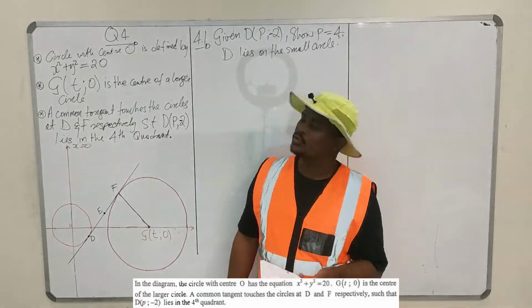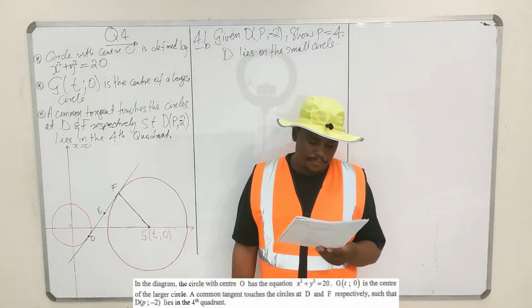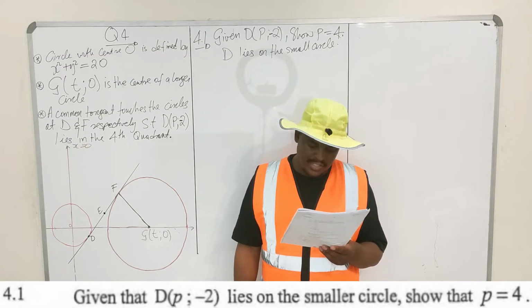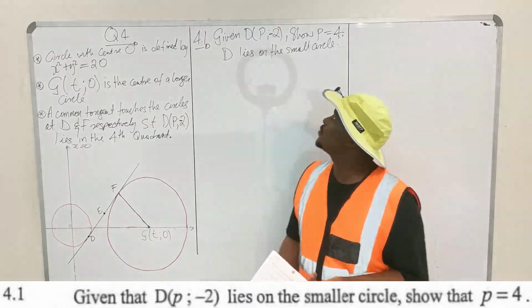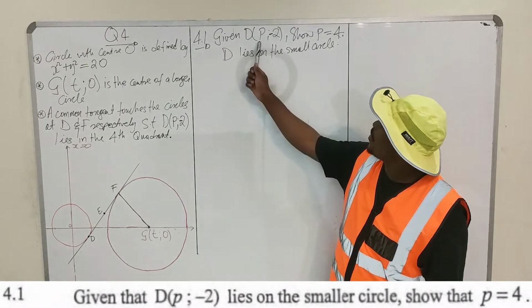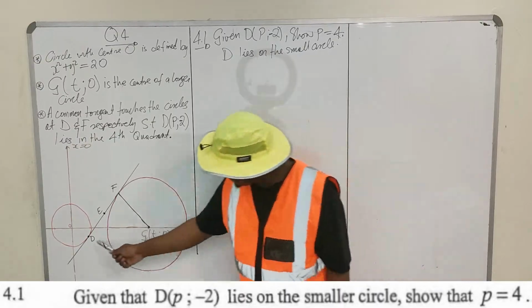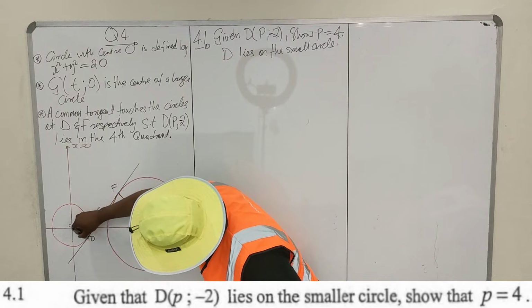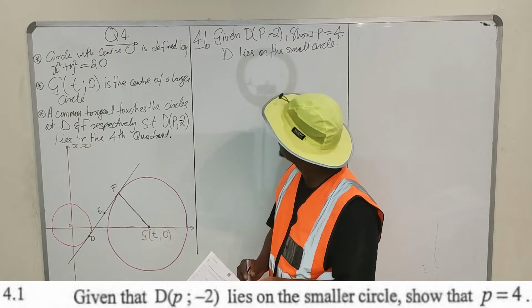So now we're doing 4.1. 4.1 reads as follows: given that D lies on the small circle, show that p is equal to 4. So this point D here is on the small circle, as you can see.